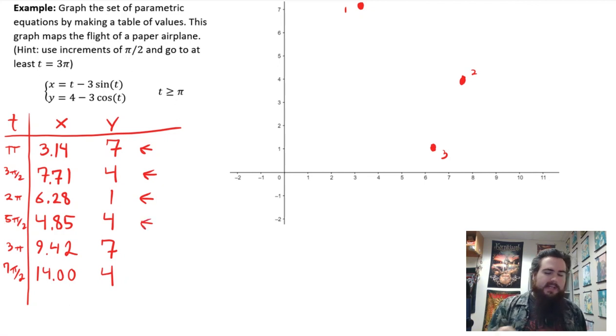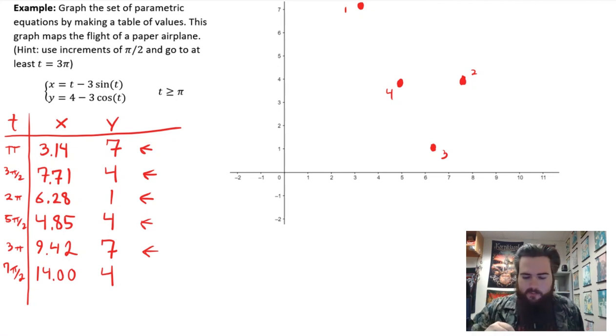Our fourth point has the same height as the second one, but it's at 4.85. So it seems like we're still traveling to the left here. So that about should be the fourth point, same height as the second. And then we have 9.42 and 7. So it seems like we're now going back to the right.